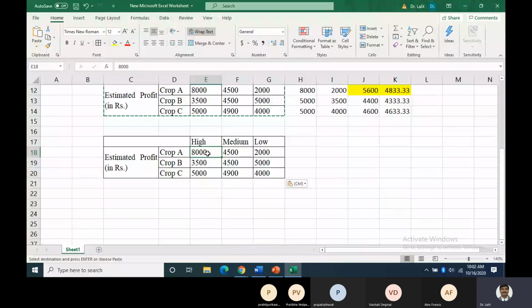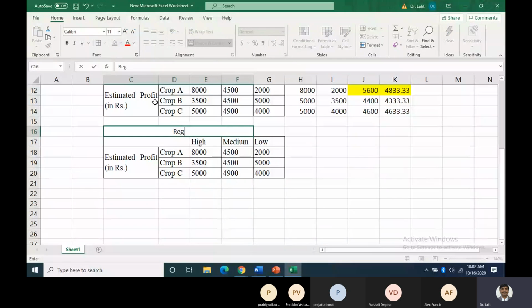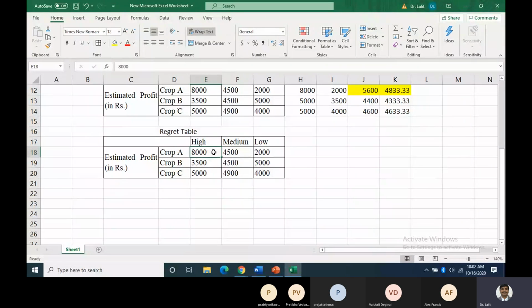So regrets क्या होंगे? Regret table. So 8,000 minus 8,000 is 0. 8,000 minus 3,500 is 4,500. यहाँ पे होगा 3,000. Okay.